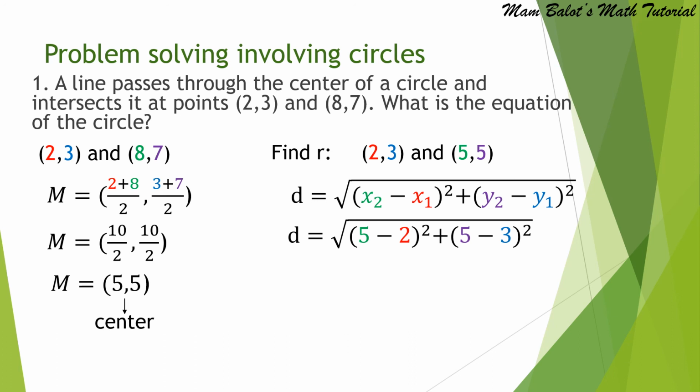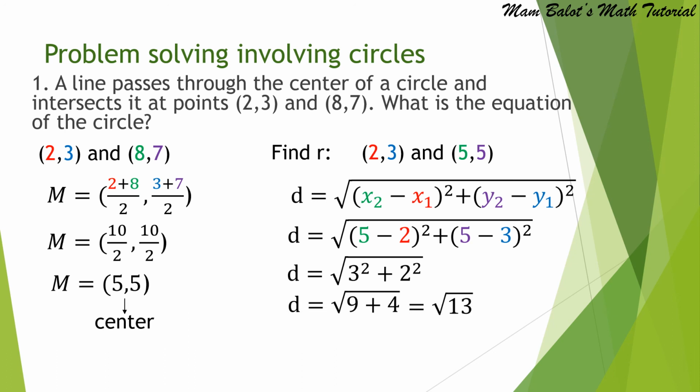So 5 minus 2 is 3 squared, then 5 minus 3 is 2, then squared. So 3 squared is equal to 9 plus 2 squared is equal to 4. And 9 plus 4 is equal to 13. So the distance between these points is square root of 13, which is actually our radius of the circle.